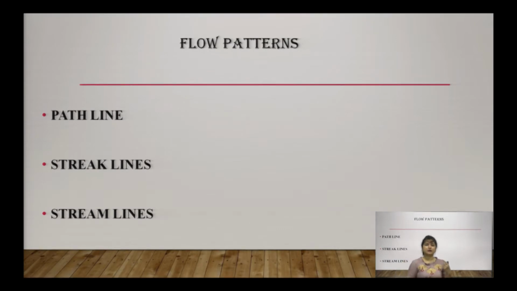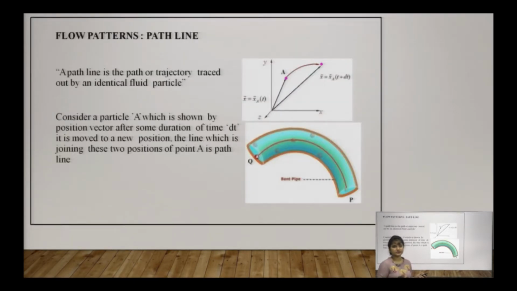Coming to the flow patterns which can be seen, they can be path line, streak line and streamline. The path line is nothing but the trajectory path of a single particle that is being traced from point 1 to point 2. Let us suppose we consider a particle A which is shown in this figure, and you can see that after a time delta t, it reaches another point.